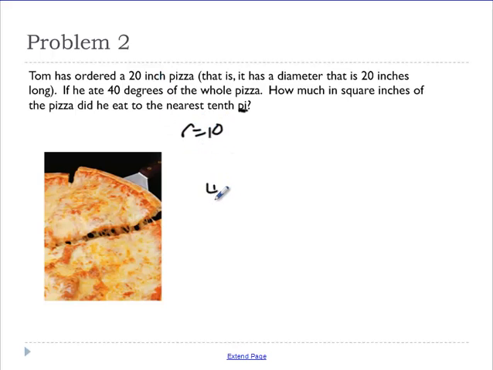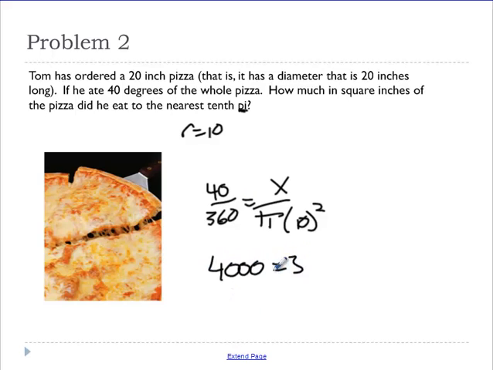The degrees, 40 over 360, equals the area we're looking for over pi r squared. 10 squared is 100 times 40, 4,000. 4,000 pi equals 360x. So I'm going to take 4,000 and divide by 360. I get 11.111 repeating. So we're going to go 11.1 pi.